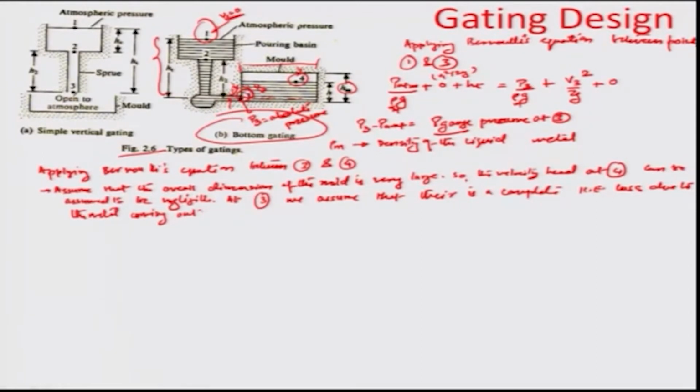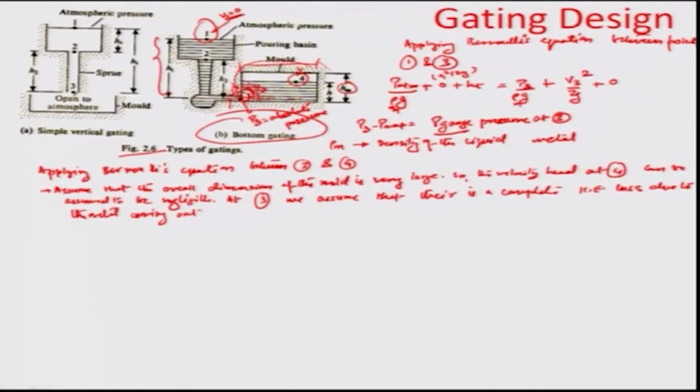the metal is coming out into the open into a very, very large area, we can assume that this kinetic energy which was there just before the entry of the gate, and the moment it has entered the zone 3, that means it is into the mold now, and which is the zone 3 that we are considering here really.